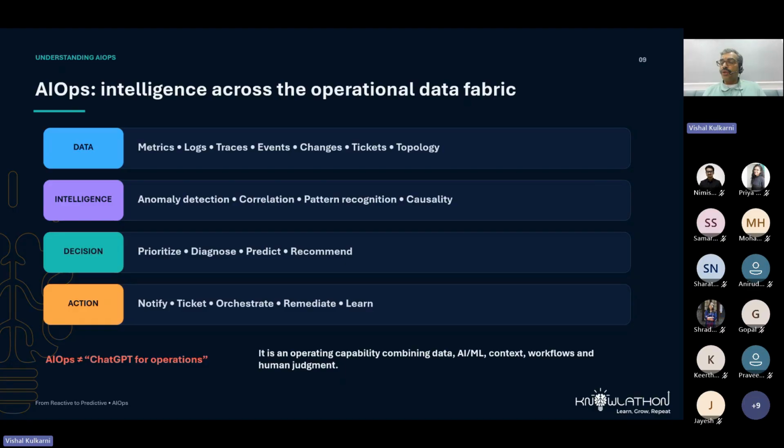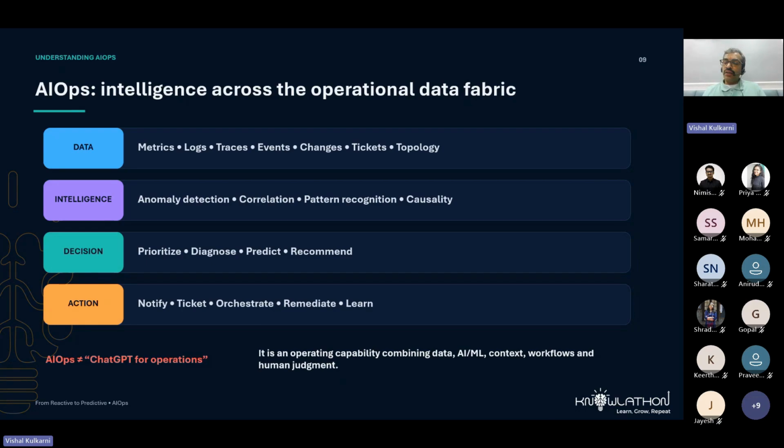Definitely, AIOps also depends on telemetry, topology, event intelligence which needs to exist, statistical and machine learning analysis, the workflows and operational controls.